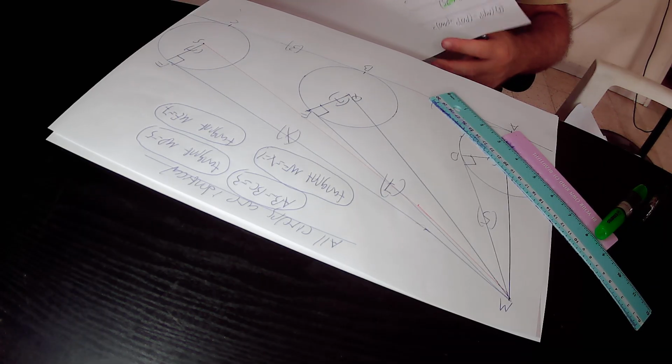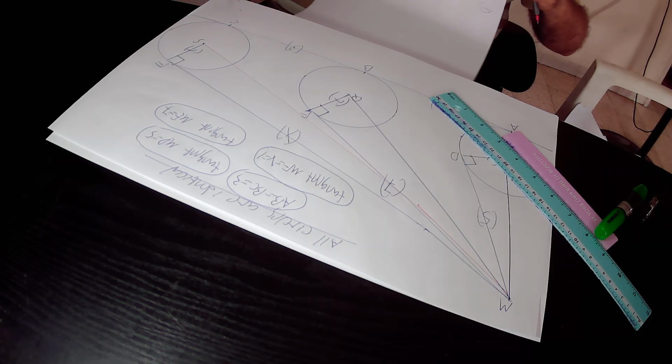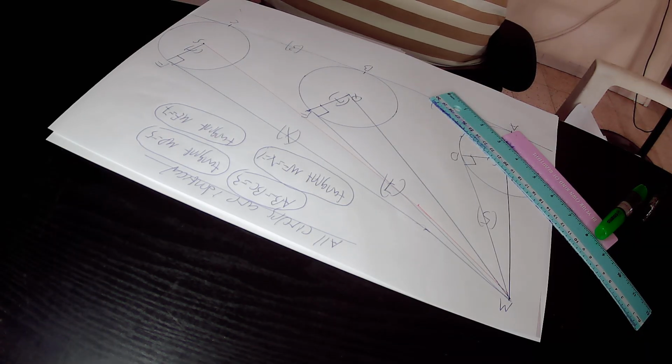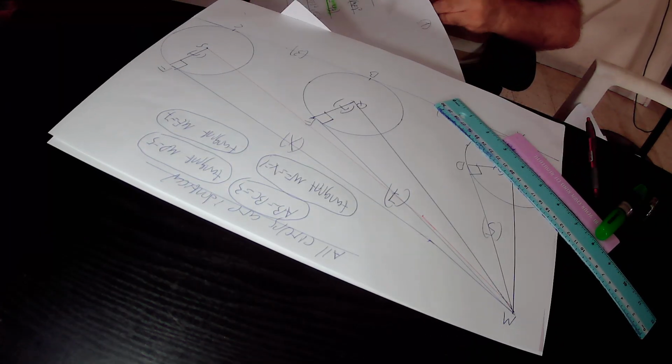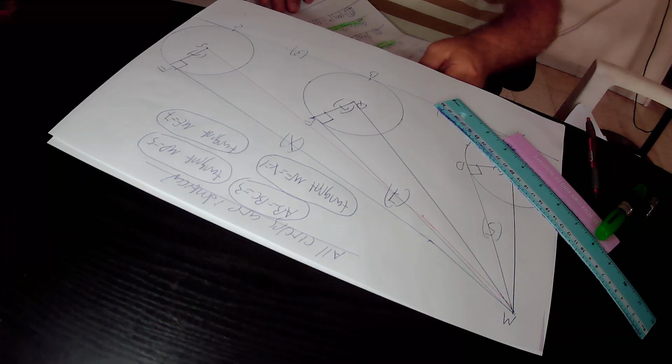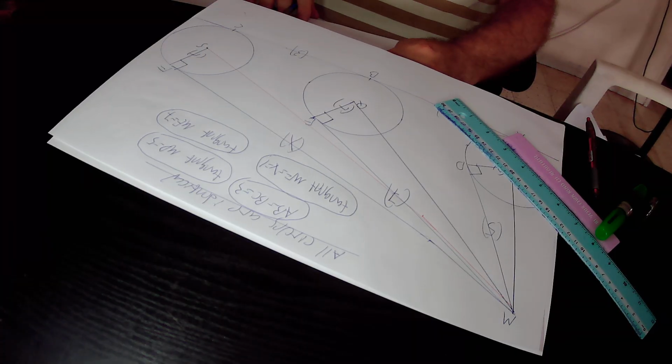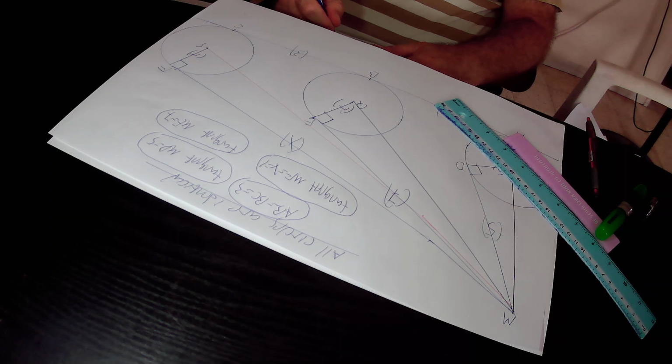Again, according to the Pythagoras theorem, in this right triangle MSF, MS squared equals SF squared plus FM squared. MS is the missing side, so MS squared equals SF squared plus FM squared.